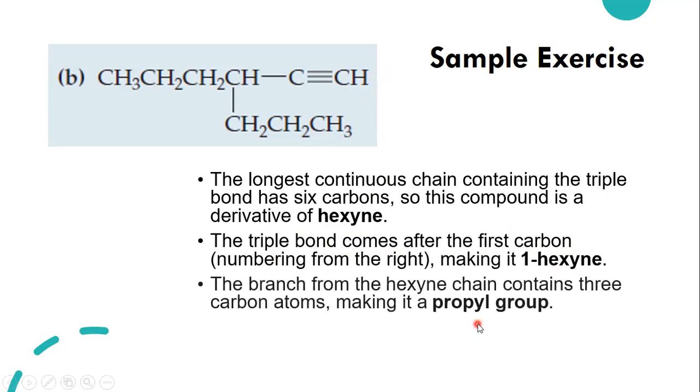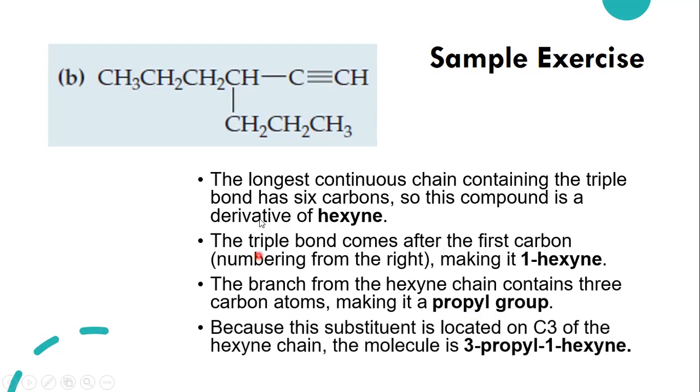Next. Since the branch of the hexane chain contains 3 carbon atoms, 1, 2, 3, so those 3 carbon atoms make it a propane, which we can also call a propyl group.